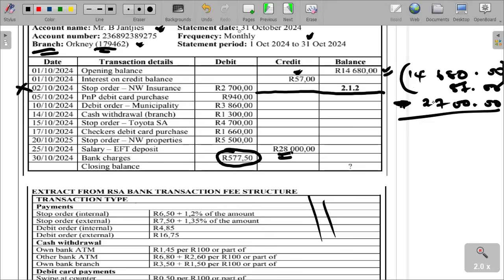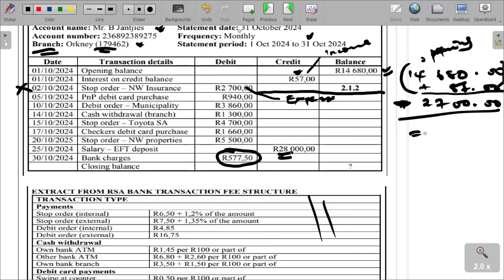That's what you should see. 14,680 is our opening balance there. And then 57 rand is an interest, which is also an addition, an income. But now 2,700 is an expense because it's a debit order which Mr. is supposed to pay. So 2,700, you subtract it after adding this.